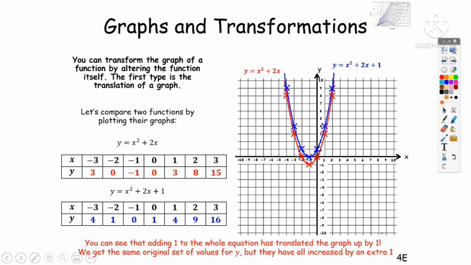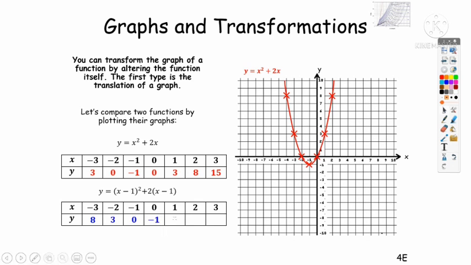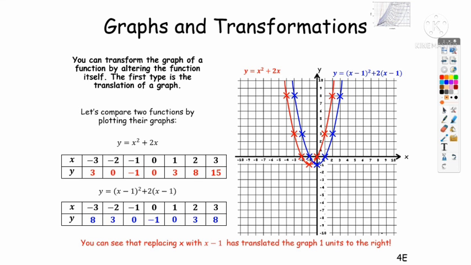So we get the same original set of values for y, but they've all increased by an extra 1. Now the only difference here is that when I put it inside the x, it's translated 1 unit to the right. Even though it's negative, it's going to the right. So you do the opposite of what you expect, as you'll know from GCSE.